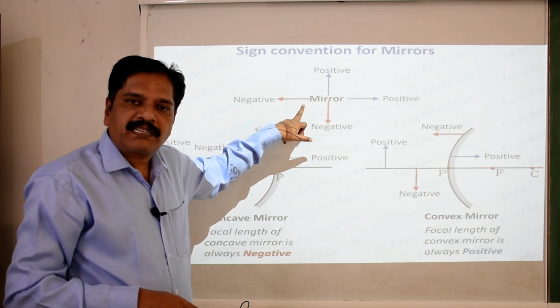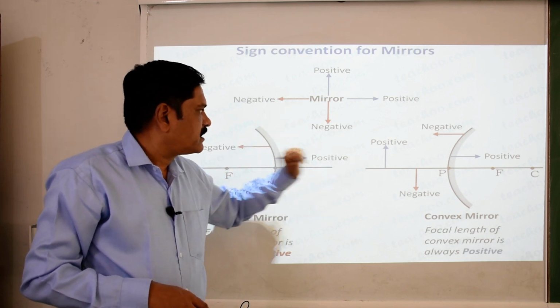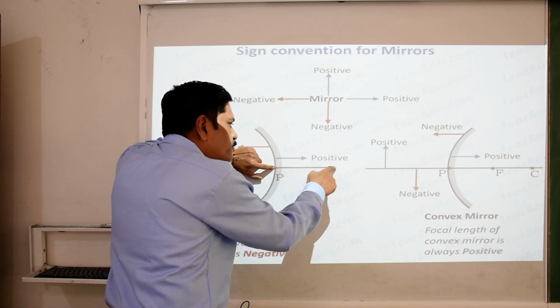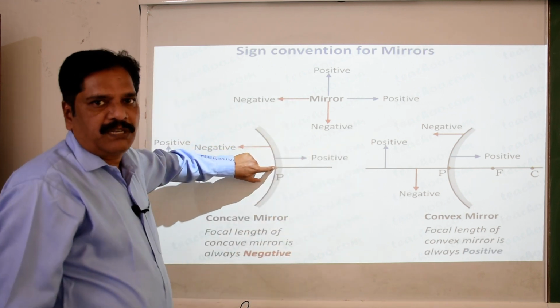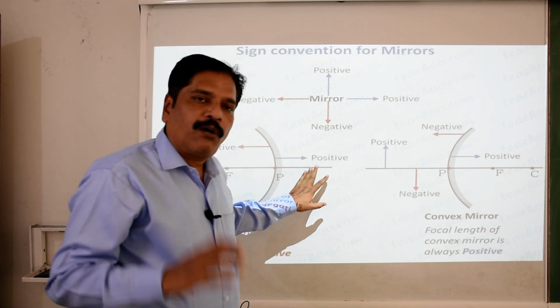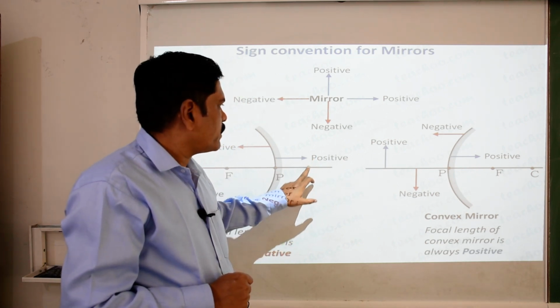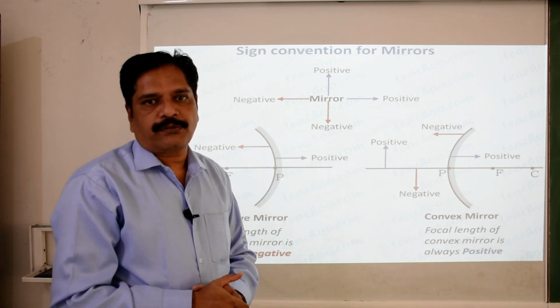Above the principal axis perpendicularly and behind the mirror. Then what will be the direction of distance? You will move from the pole to the right hand side of the mirror, that's why this position of the image will be positive, and the height of the image will also be positive.